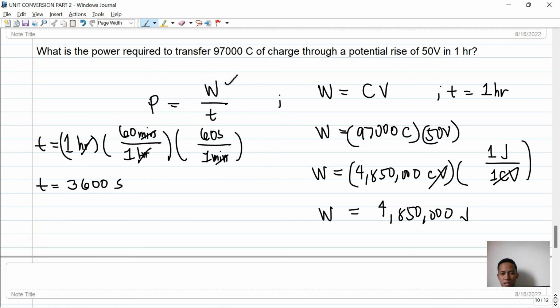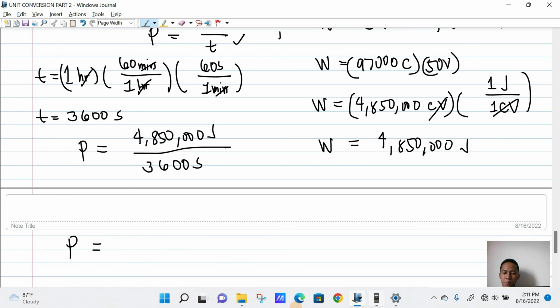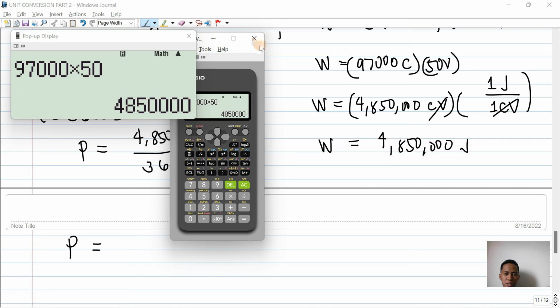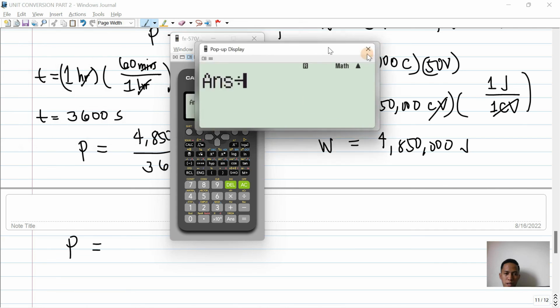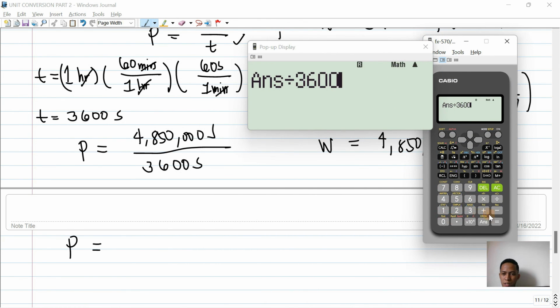So we will just substitute here. So power is equal to 4,850,000 joules. And we have here the time as 3,600 seconds. Okay, so this gives us a unit of joule per second or watts. So divide lang natin guys to 3,600 seconds.